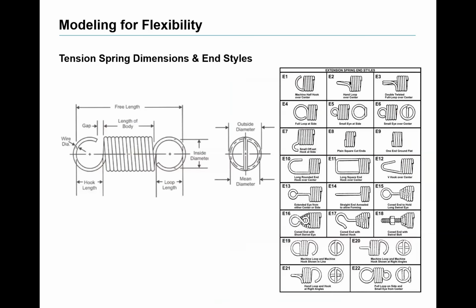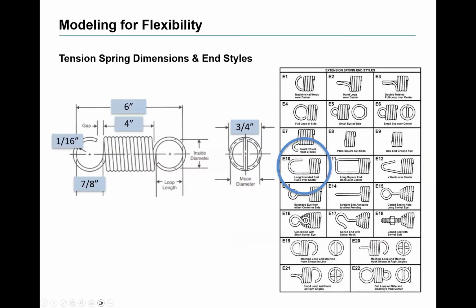And then if we look at the different types of end styles and different springs that we have, these are your typical dimensions for creating a tension spring. And what we're going to do today is we're going to use this E10 version, which is a long rounded end hook over center, if you will.